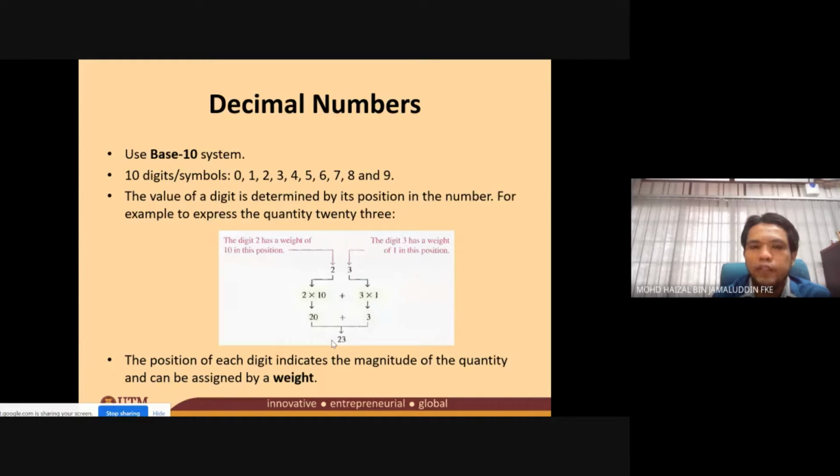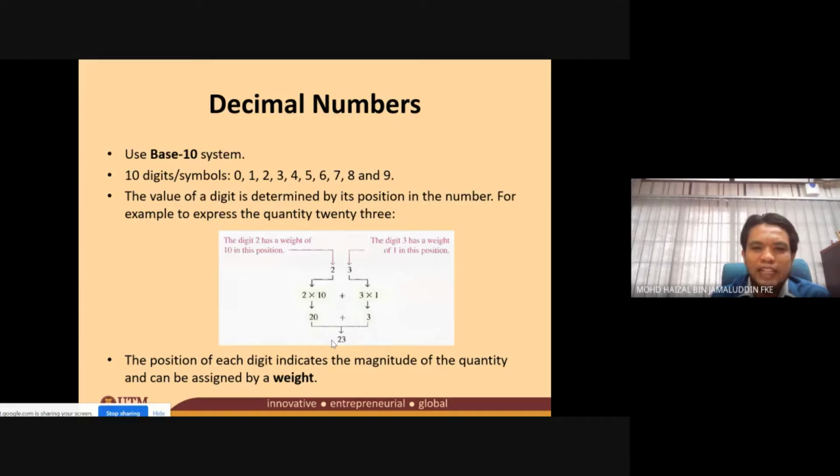And if you have base 2, you have 2 numbers, which are 0 and 1. Base 2 is called binary, because you have only 0 and 1. But for decimal numbers, you have base 10, also called the decimal number. You have from 0 until 9.